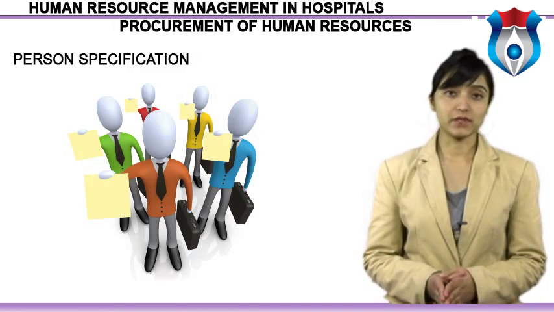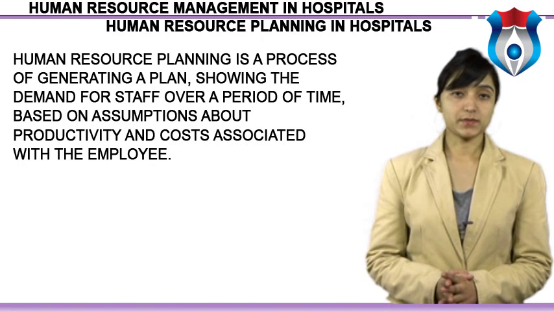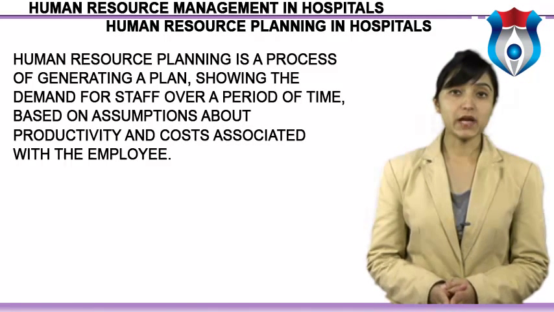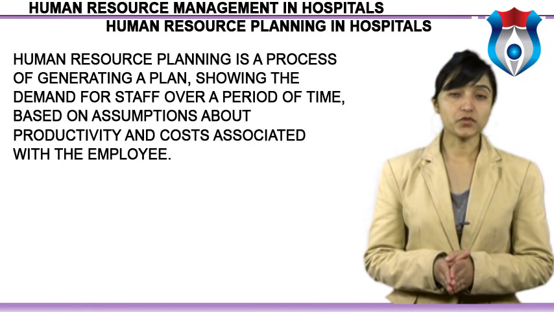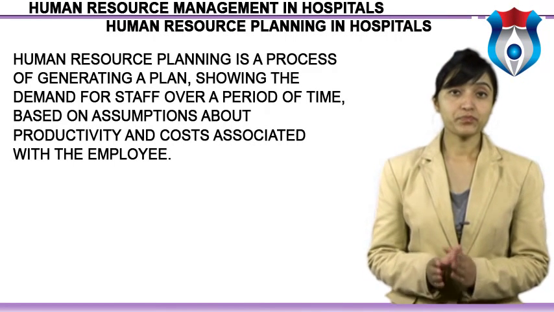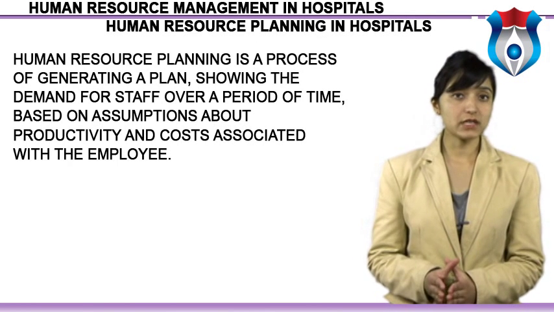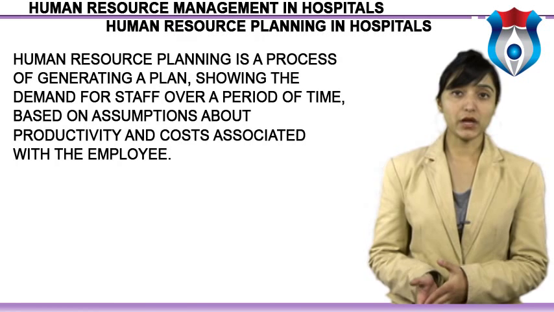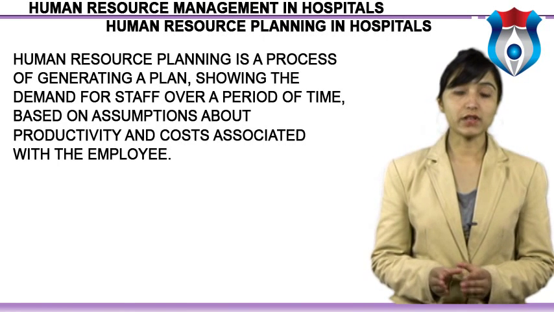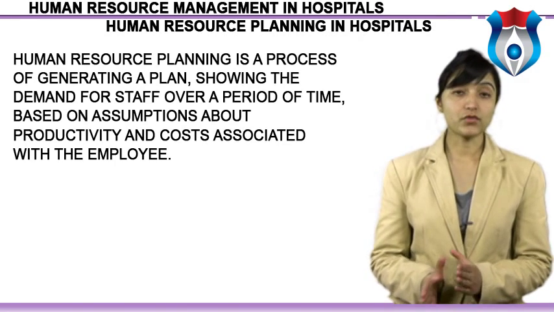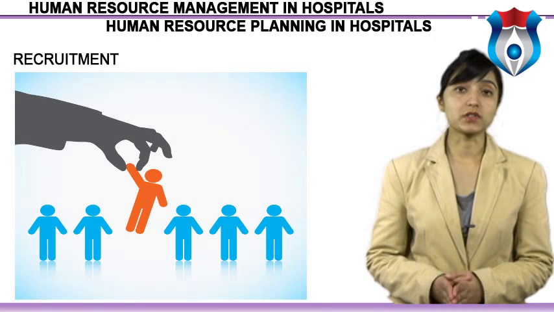Let us now discuss human resource planning in hospitals. Human resource planning is a process of generating a plan, showing the demand for staff over a period of time based on assumptions about productivity and costs associated with the employee. The supply of the resources available within the hospital, and the shortfall that may have to be supplemented from outside, are also estimated. Recruitment.